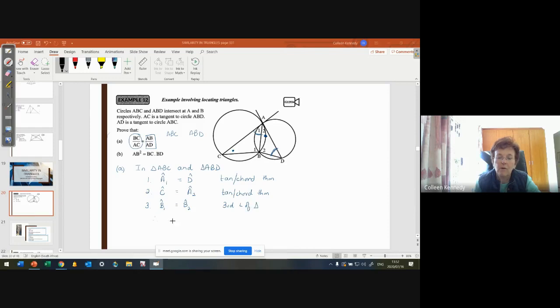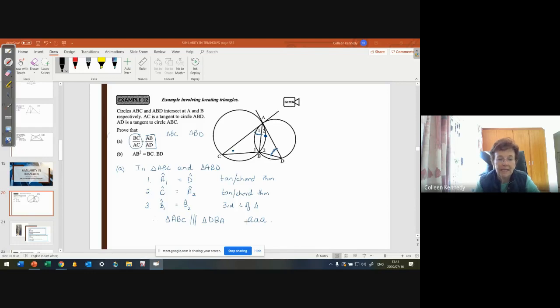And so therefore, triangle, and now you can call it whatever you like, because you're in control here. If we call it ABC, first, third, middle, then the other one is going to be called DBA. We do need to get the order right, because we want to use it to get our sides. So it's first, third, middle, DBA. A was equal to D, the two B's were equal to each other, and C was equal to A. Order is crucial.